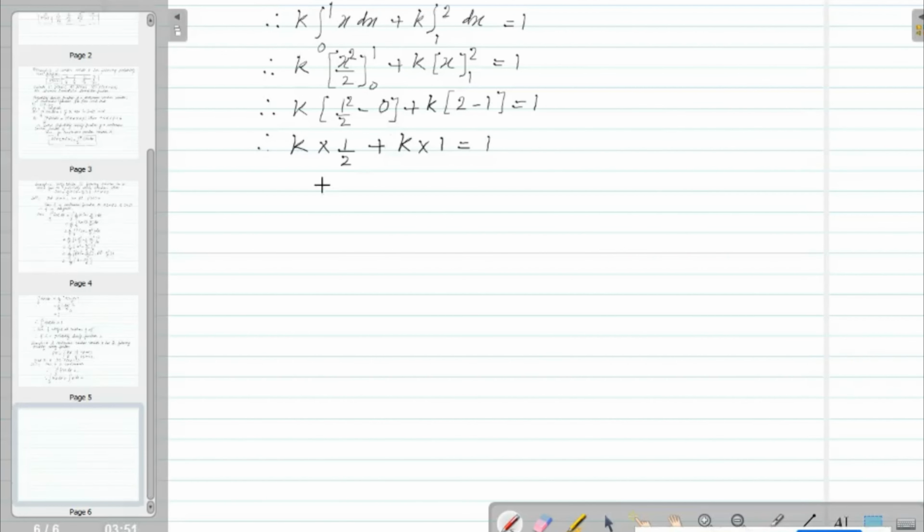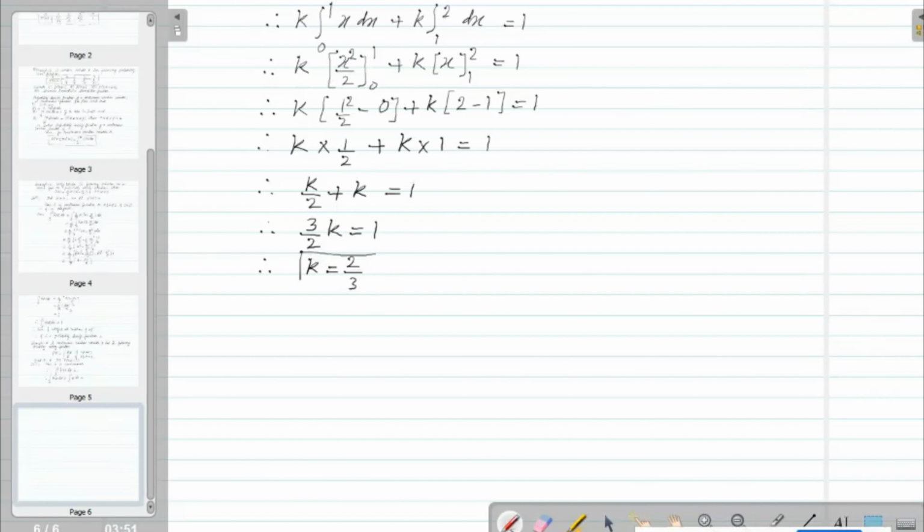That is k by 2 plus k equal to 1. Now cross multiply: 3 by 2 k equal to 1. So from this you get k equal to 2 by 3.